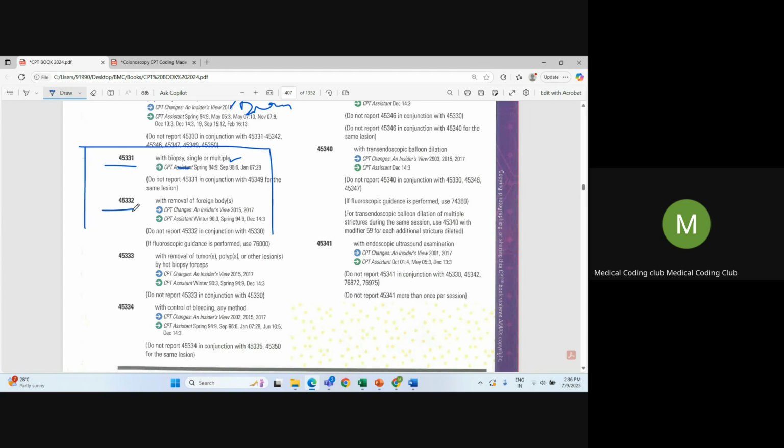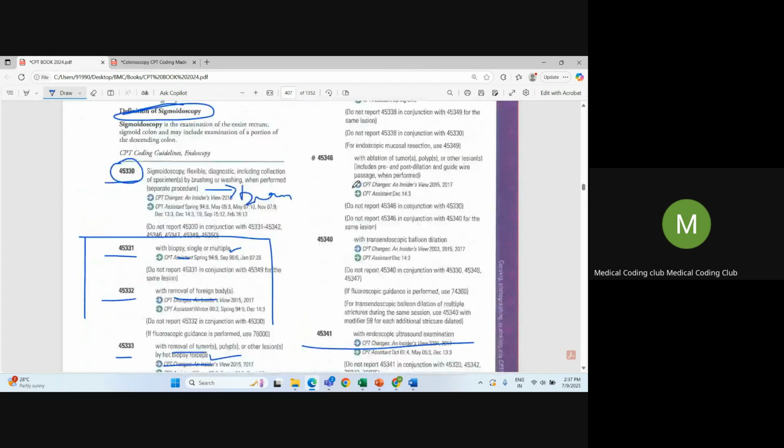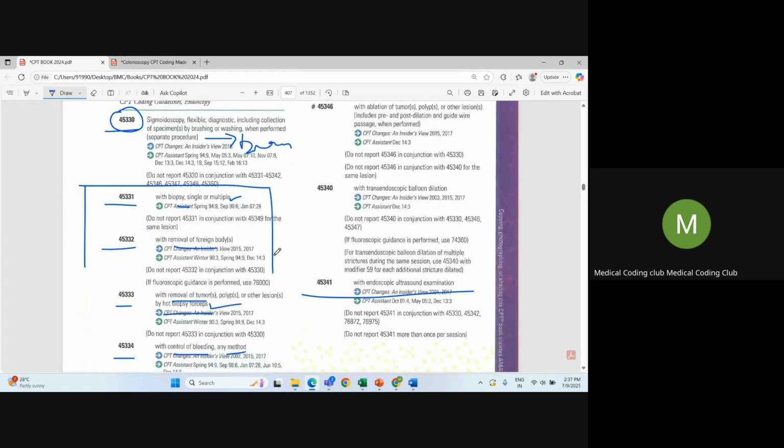Next, 45332 with removal of foreign body. 45333 with removal of tumor, polyps, or other lesion by hot biopsy forceps. This is a technique. 45334 control of bleeding, any method. So up to here you are going to have the sigmoidoscopy therapeutic procedures. That is the clear instruction we have here.